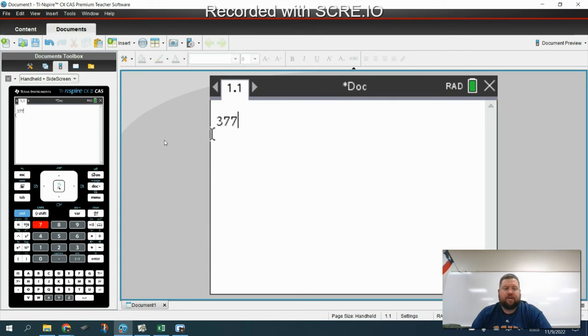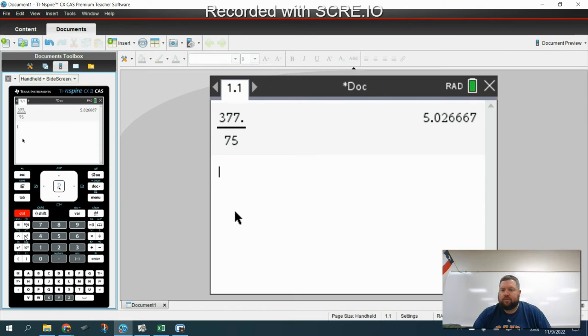All right, so 377 over 75 in decimal form is that. And then the cube root of 127 in decimal form is that.